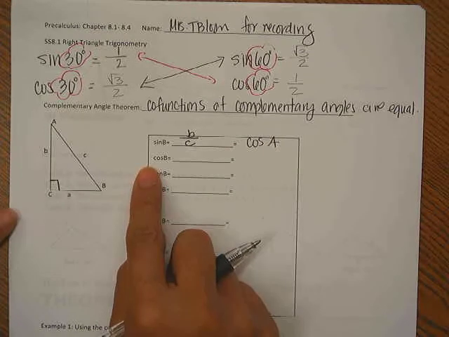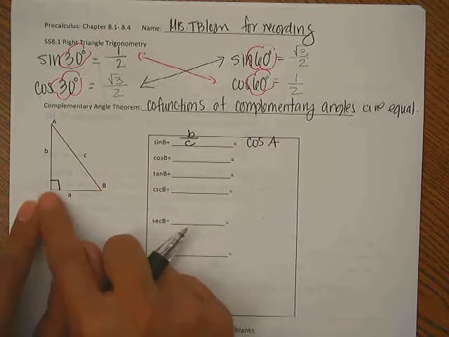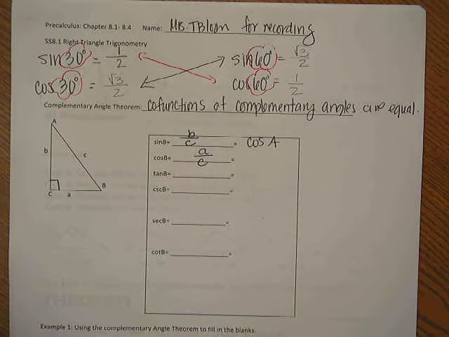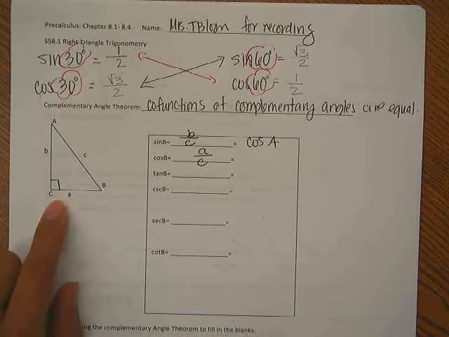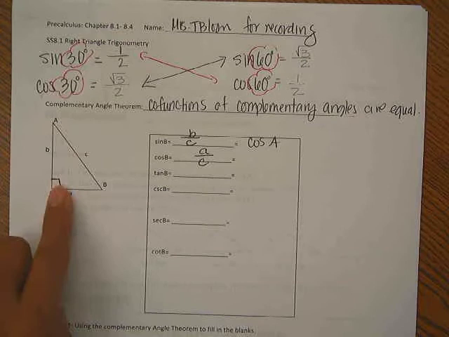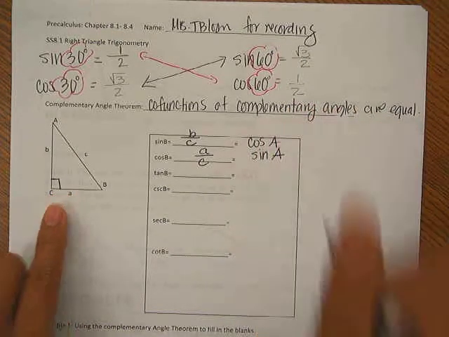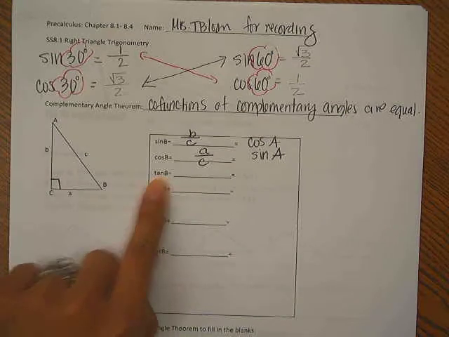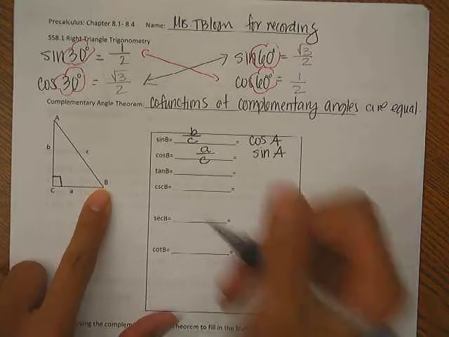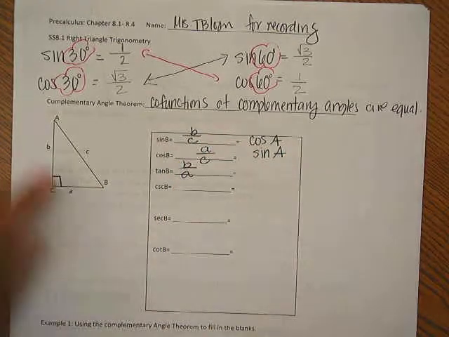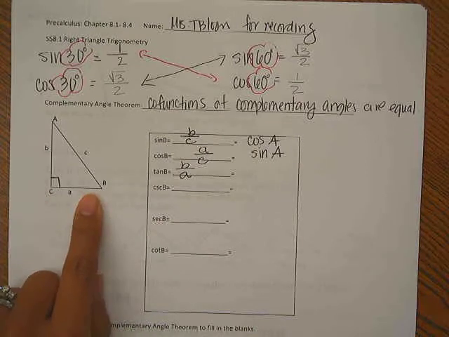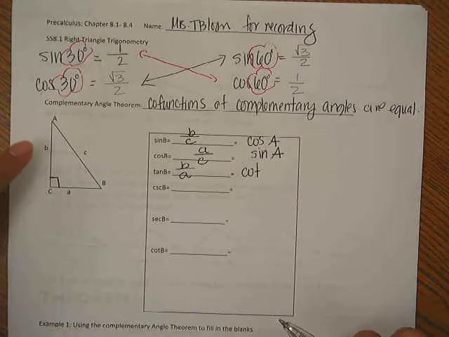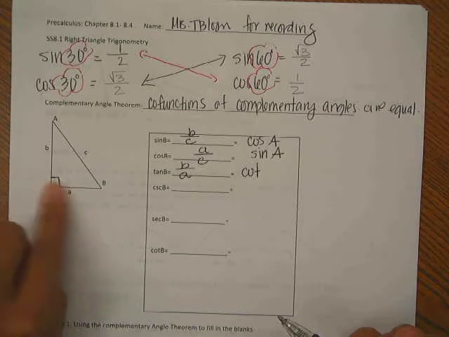Now cosine of B: I'm going to focus on this angle. Cosine is adjacent over hypotenuse, so it's A over C, which should be equivalent to something that also has A over C, which is sine of A. Tangent of B is opposite over adjacent, so B over A. It should be equivalent to cotangent of angle A, since cotangent is adjacent over opposite.